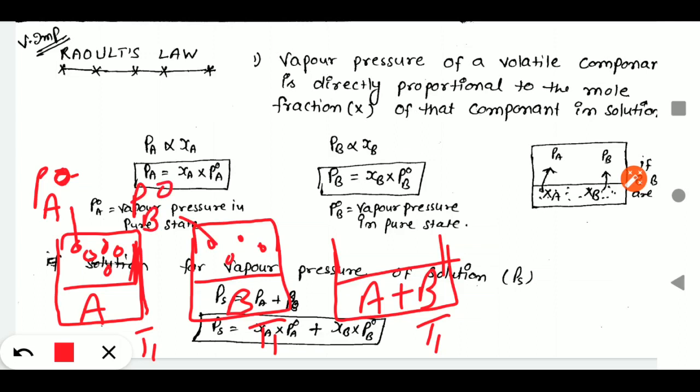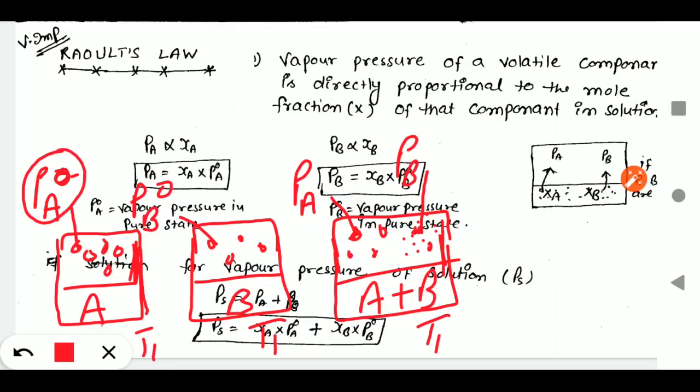But here vapor of A as well as vapor of B will be there. The pressure exerted by only vapor of A is known as PA, and the pressure exerted by only B is PB. But you should make the difference between P naught A and PA, and similarly between P naught B and PB.